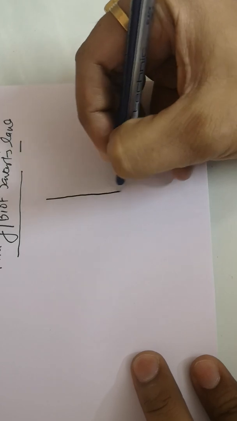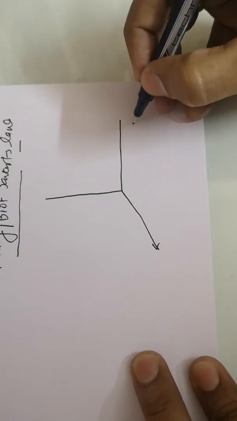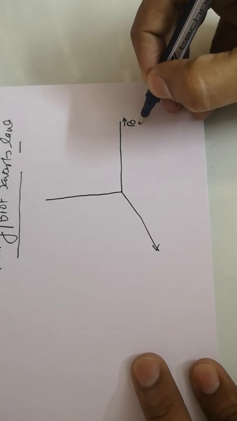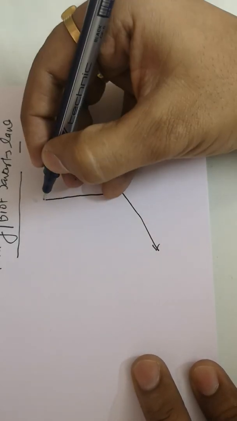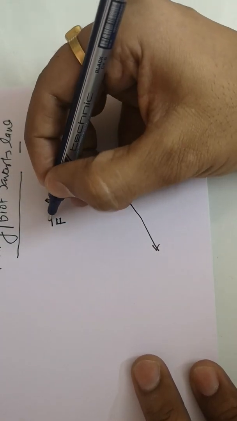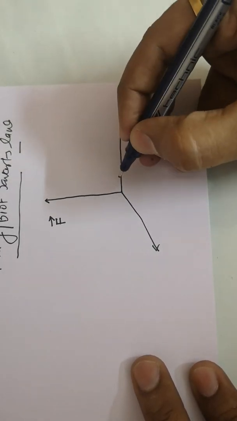Let's say I have a three-dimensional geometry. On one axis I have the magnetic field, represented by B. It is a vector quantity. And let's say I have F, which is also force, also a vector quantity. Into this part I am putting my charge.